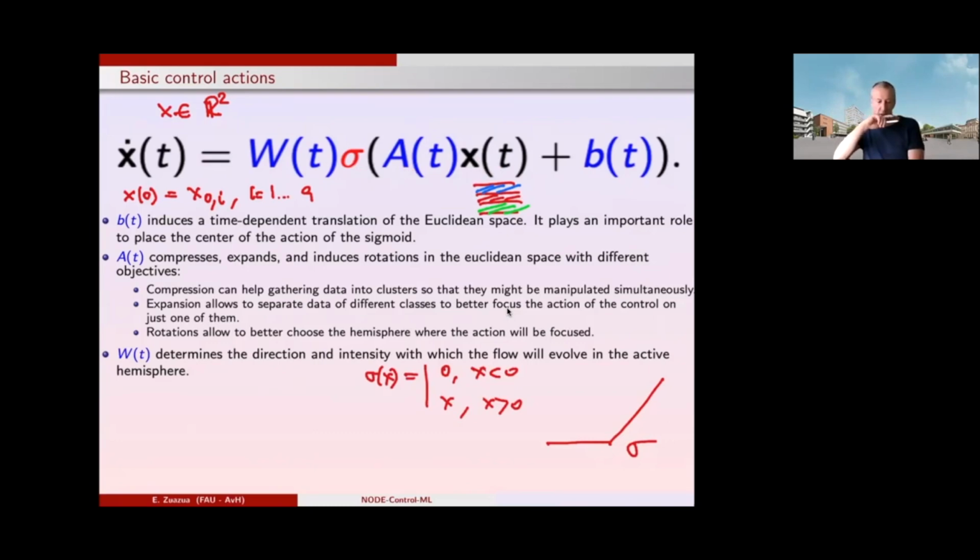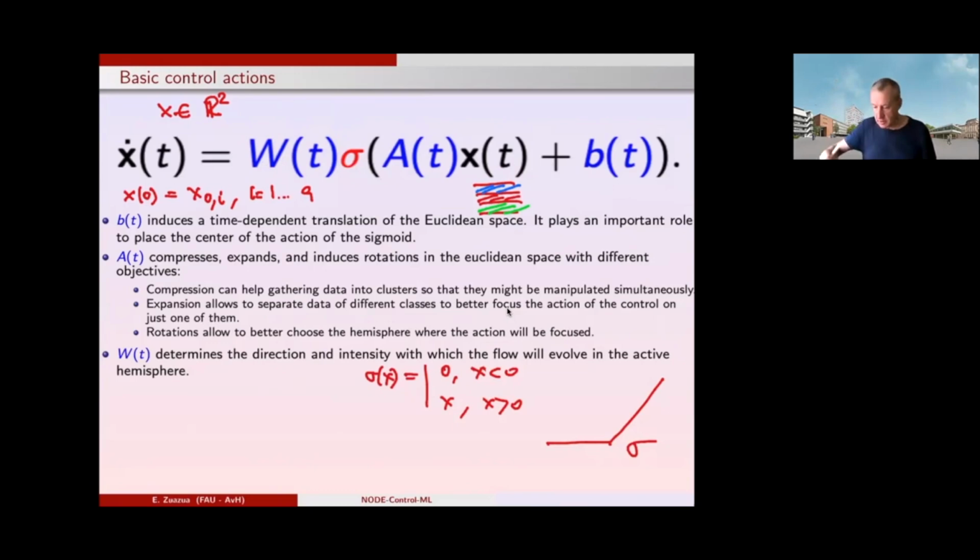Okay, very good. And now we just multiply by W. What is this W doing? Well, this W is again a rotation and dilation or compression. What this W is doing is orienting the direction in which the linear ODE, whenever it's active, will be moving, right?